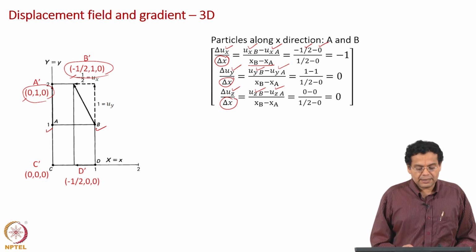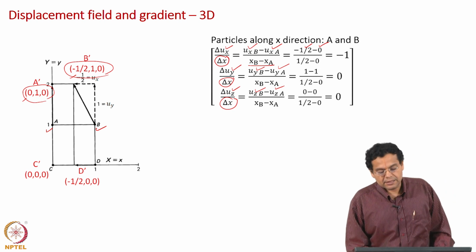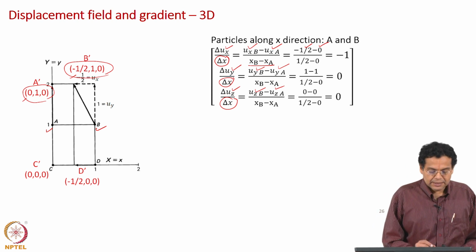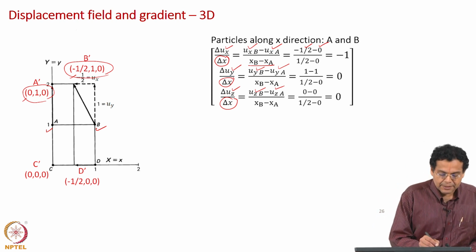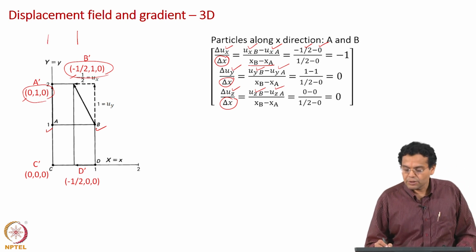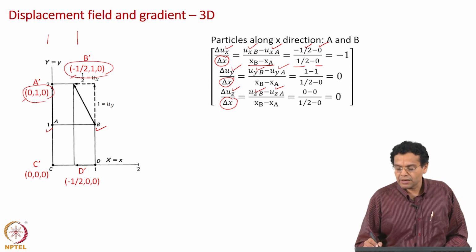What is the denominator? Because we are using small x, it is a distance in the final configuration, and what is x b minus x a? It is in the final configuration, the x distance between b dash and a dash is half a unit. So, half minus 0, difference in the x coordinate, this gives you a value of minus 1.